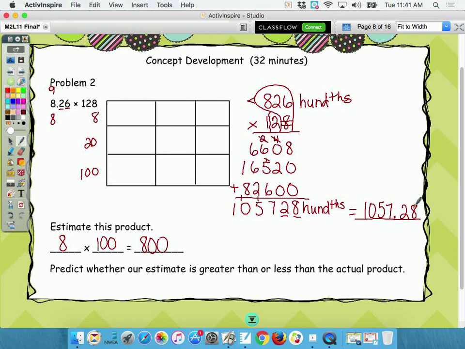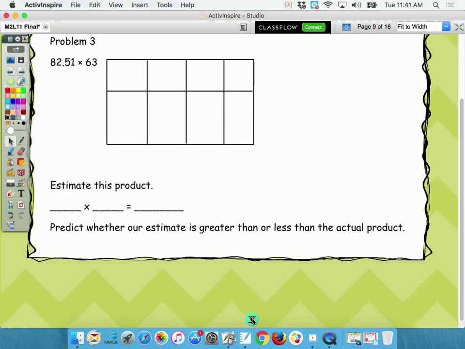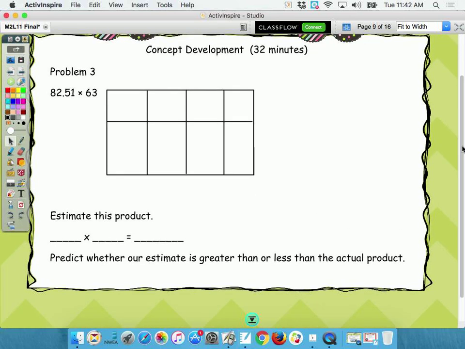Okay. So let's take a look at the last problem. This one's a little easier. So, first of all, when I estimate, take a look at that. So I have 82 and 5100ths. Yaneli, is that going to be 82 or 83 for a whole number?